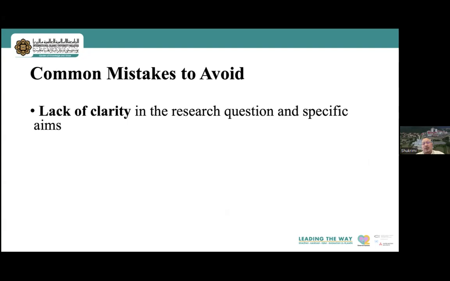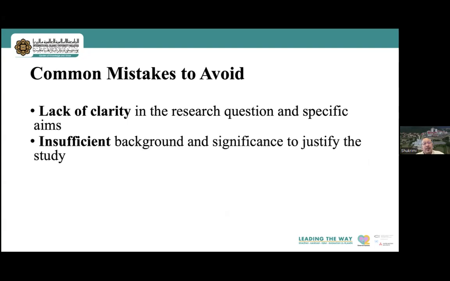So of course we need to make sure that our grant is very clear to the reviewer. Insufficient background and significance to justify the study. Usually this is because we don't do a proper literature review. We don't review the previous grants, or we do a last minute punya application lah. So we just see, yeah, okay, and then you just submit. Hopefully the reviewer just ignores this. No, right? So we must prepare properly.